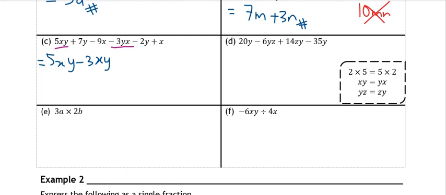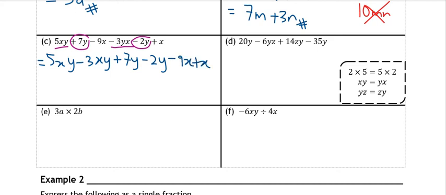So here, next one will be 7y, and then another term with the same variable will be minus 2y. I will put the terms without changing the sign: 7y minus 2y, and lastly x. So here you have negative 9x plus x.